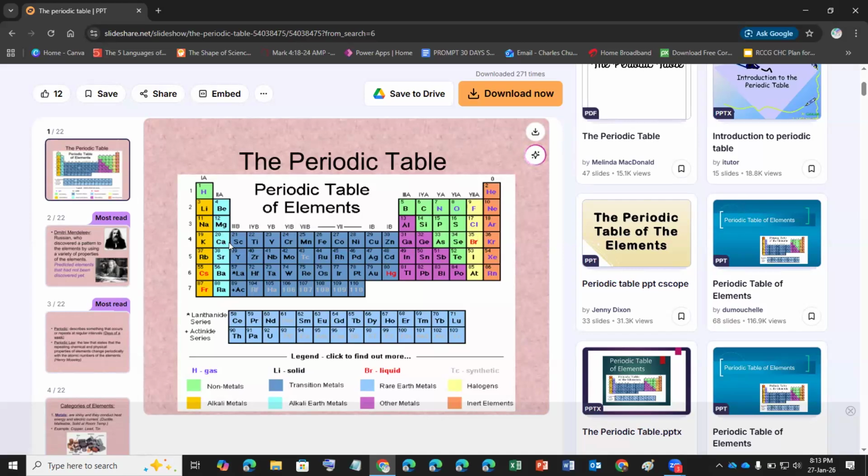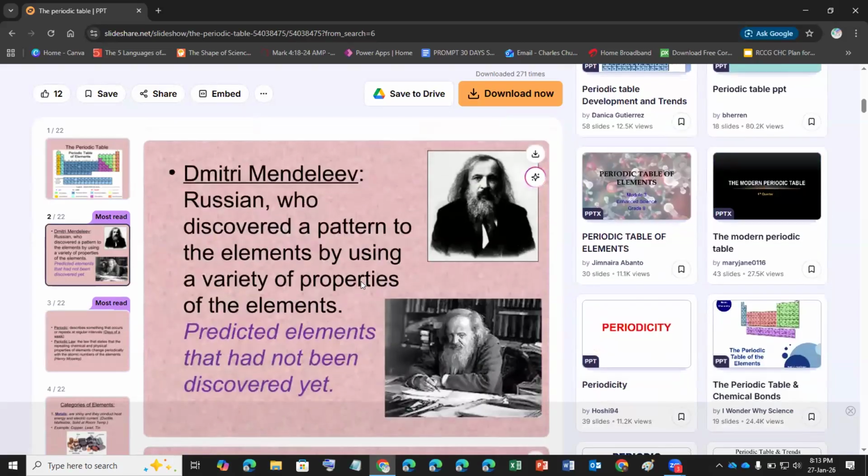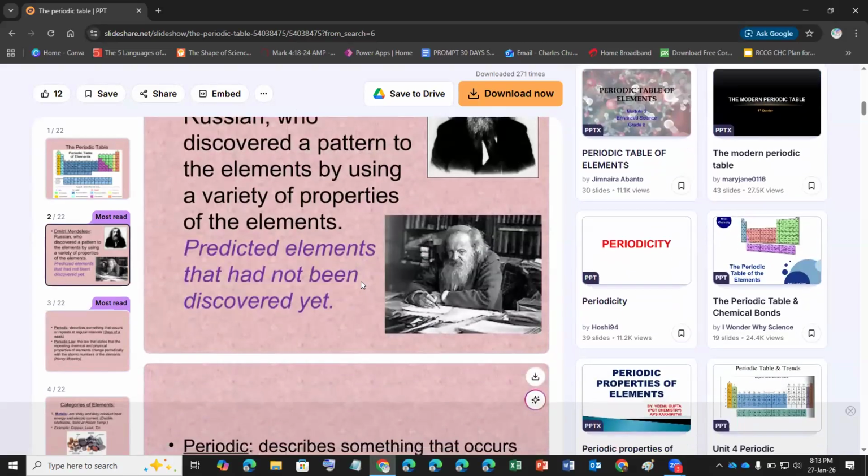I think it's safe for us to just memorize those because after that you start having the transition elements, which like I said, are in a world of their own.